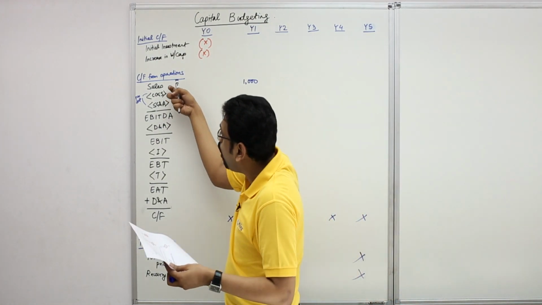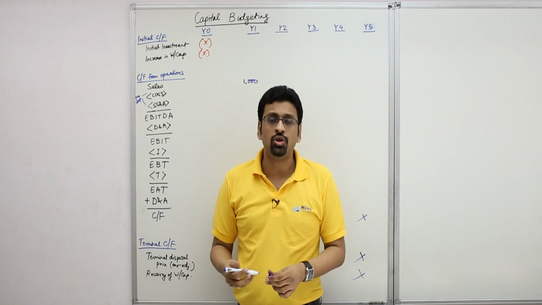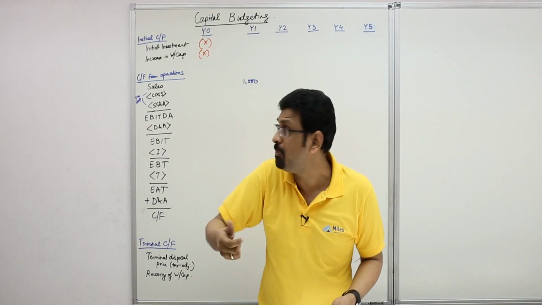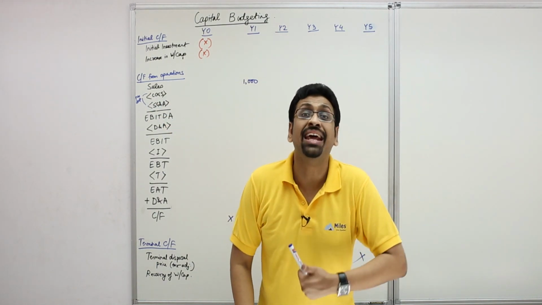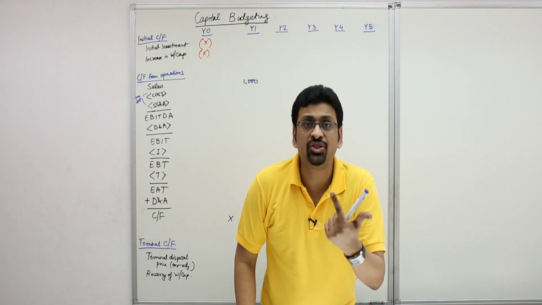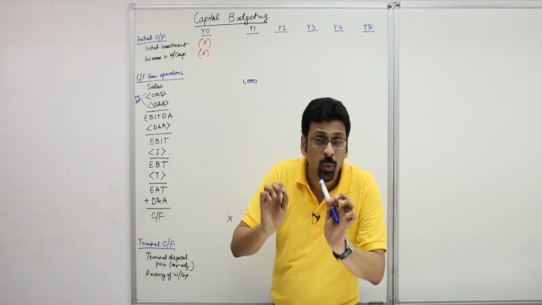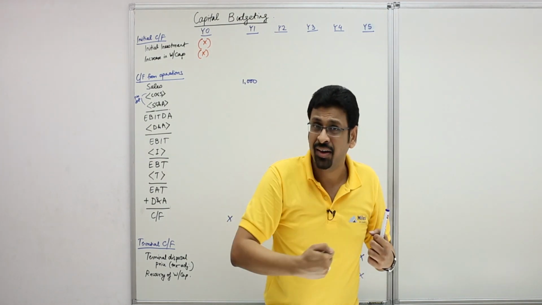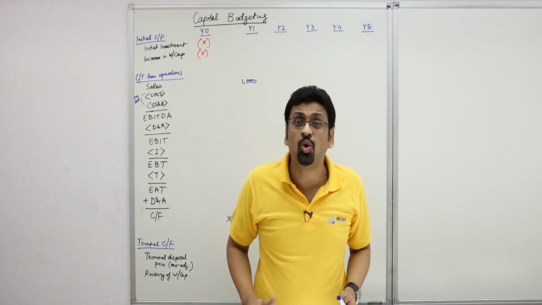So generally in COGS and SG&A, you have depreciation, right? So in cost of goods sold, you do have depreciation for factory equipment, factory buildings. So that's cost of goods sold. Let's say it's depreciation of delivery trucks or depreciation of the administrative block. That goes into SG&A. But what we are saying is for the purpose of cash flows, we'll keep depreciation aside because depreciation is not a cash outflow.